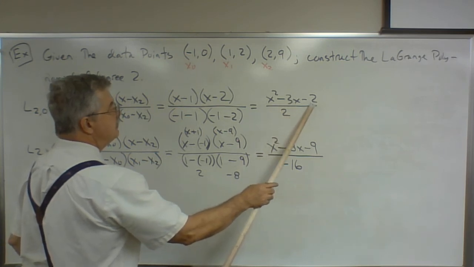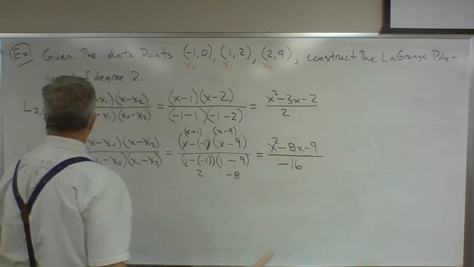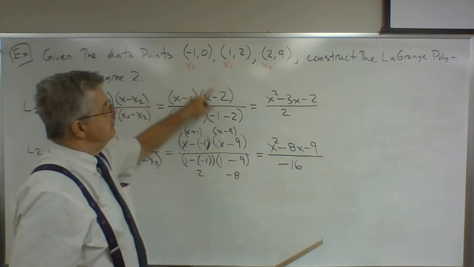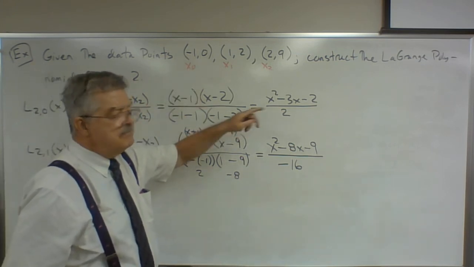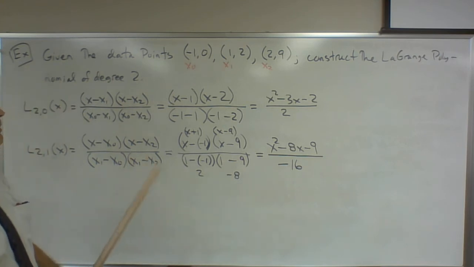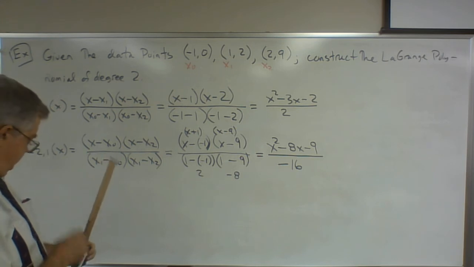Minus 2 is 2, so we get 2 over 2, which is 1. When x equals x0, this thing is 1. That one looks fine. Here's the one that bothered me, and for good reason.